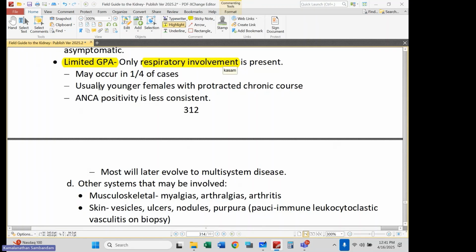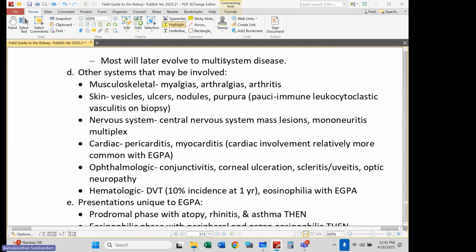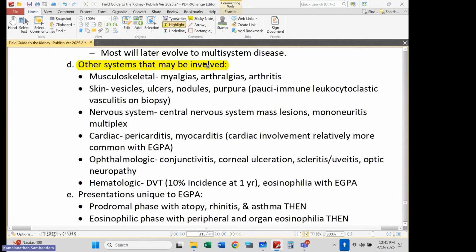There is some predilection, or there are some gender differences, in this form of presentation of GPA. But obviously those are not patients that we're going to see. So I won't belabor that, except when they maybe evolve into a more multi-system disease presentation.